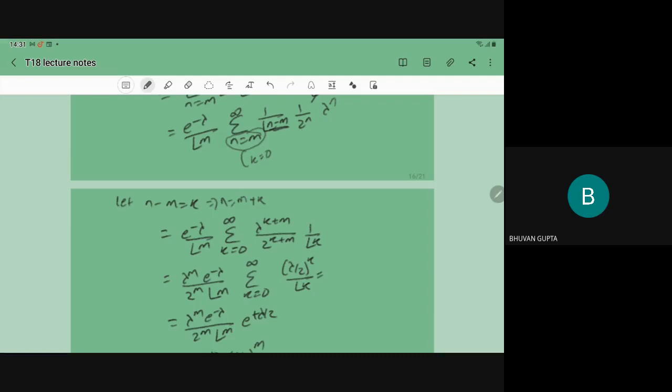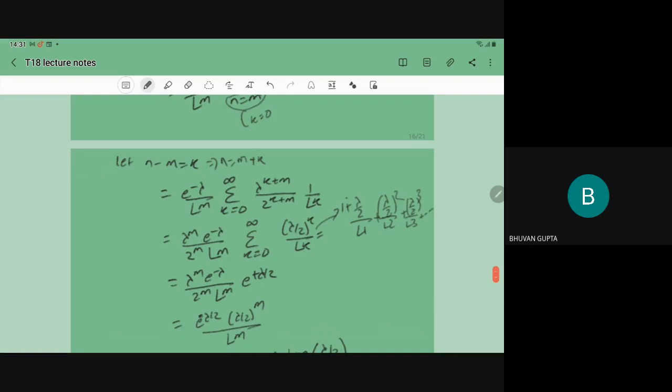We can write this as 1 plus lambda by 2 upon factorial 1, (lambda by 2) squared upon factorial 2, (lambda by 2) cubed upon factorial 3, and so on. It is the expansion of the exponential series, so it will become e to the power lambda by 2.